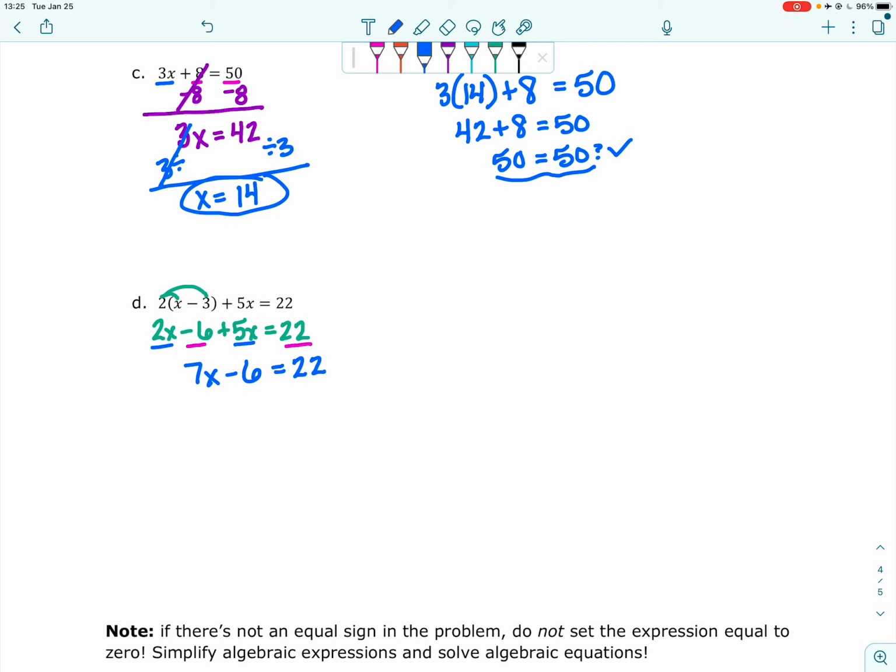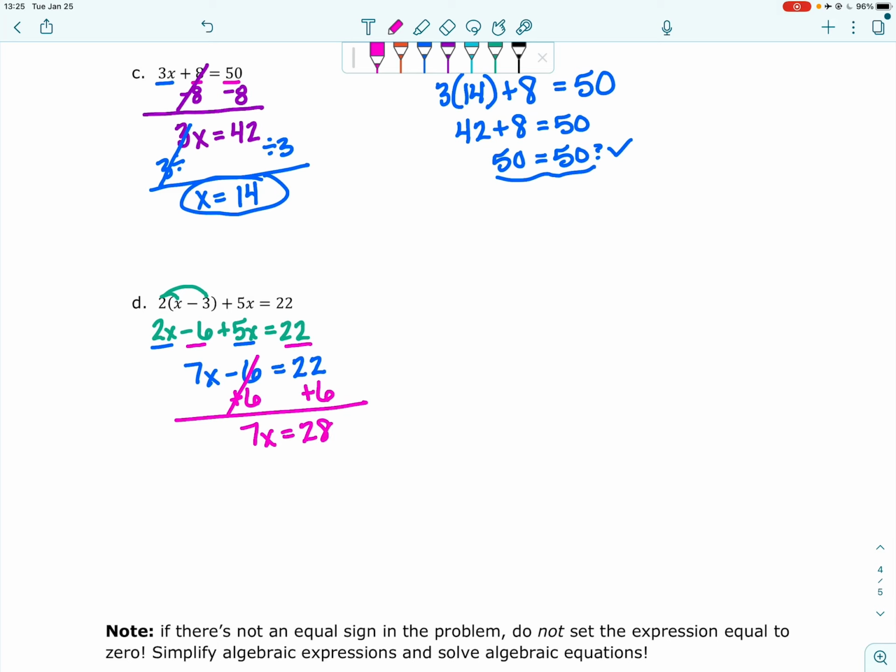And now this one is just like the previous one that we did. So I have minus 6, so I get rid of a minus 6 by adding 6. So the minus 6 and the plus 6 cancel each other out. So 7x equals 22 plus 6 is 28.